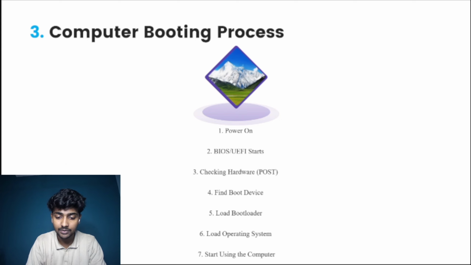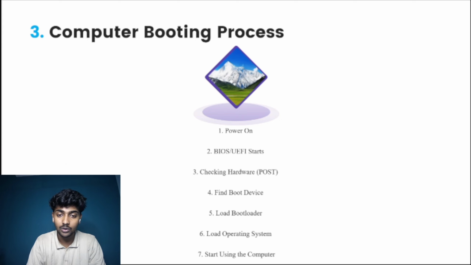Coming to the third step, which is the bootloader activation. The bootloader is a small program that loads the operating system into your memory. Next is the operating system loading. The bootloader locates the operating system, which takes control of your computer. The next step after the operating system loading is the configuration of your system, wherein the final authentication process starts and prompts for login credentials, which display on your desktop.